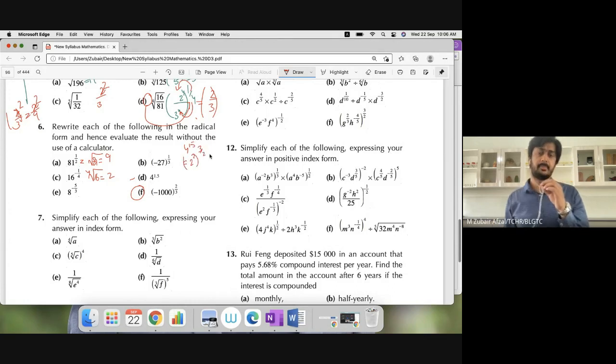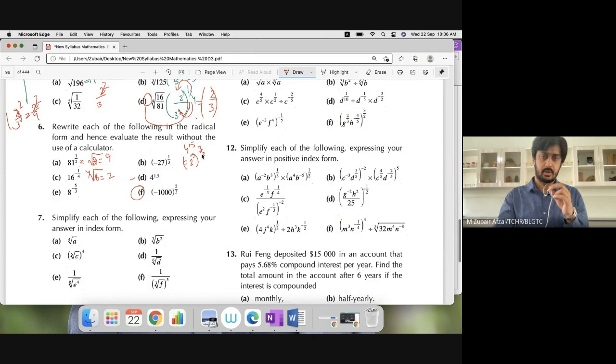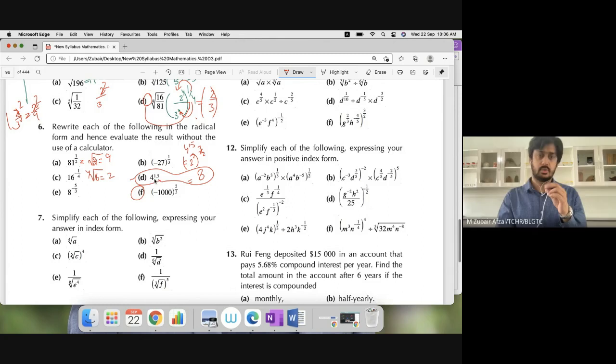Do you agree? 2 cancels out and we are left with 2 cube, that is 8. So this number is equal to 8. So why did you write 3/2? 3 over 2, that was 1.5. I changed 1.5 into 3/2 in order to cancel the power of 2 with 2.